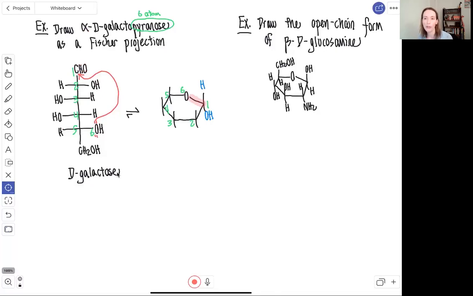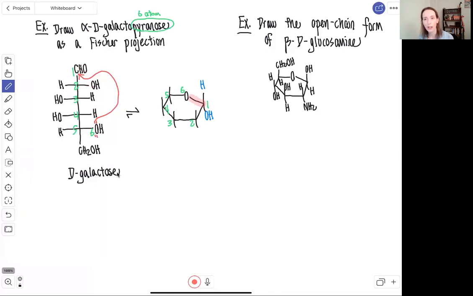Then we come around the ring to positions 2, 3, and 4, and ask what the orientation of the groups there is. The rule, as we learned in the last video, is that if the atoms are on the right in the open chain projection, those groups need to be oriented downward in the Fischer projection ring. So at positions 2, 3, and 4, the groups that were on the right will be oriented downward.